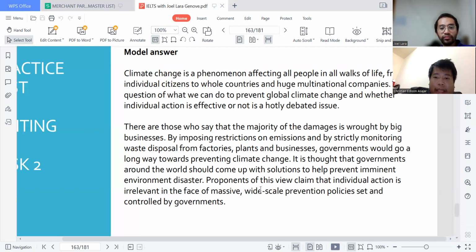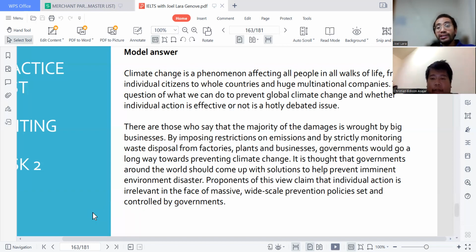It is thought that governments around the world should come up with solutions to help prevent imminent environmental disaster. Proponents of this view claim that individual action is irrelevant in the face of massive, wide-scale prevention policies set and controlled by the governments.